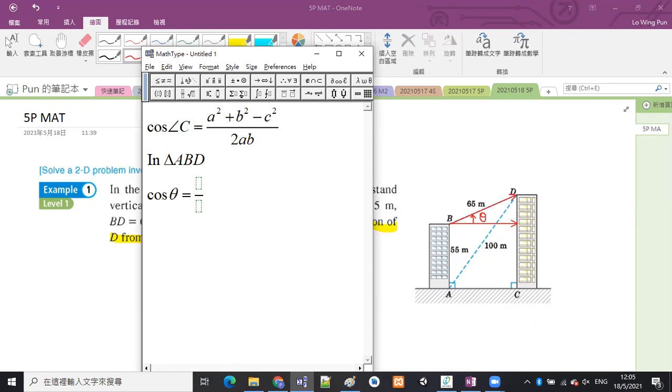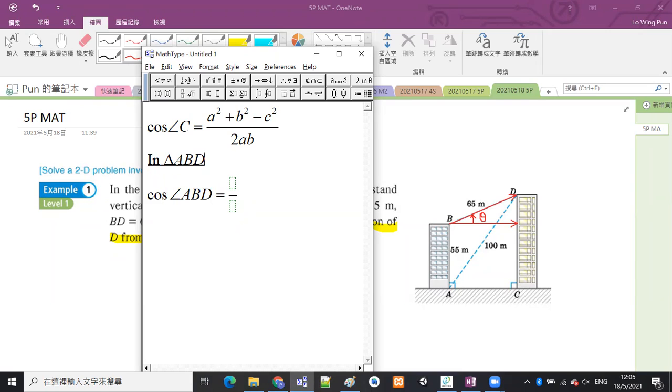Sorry, this should be angle ABD, not theta, because this is what we want to find at this stage. And then the length that this angle is looking at will be the C. It should be the minus term, the negative term.